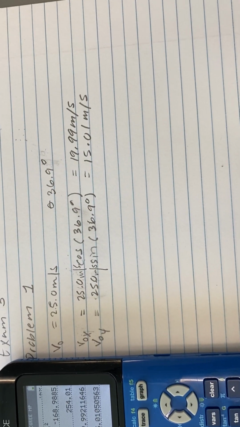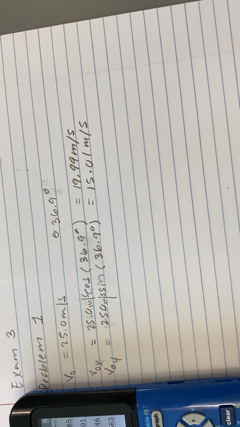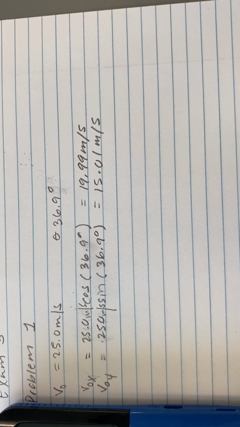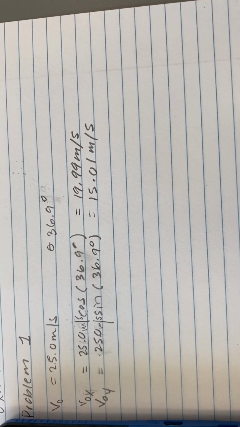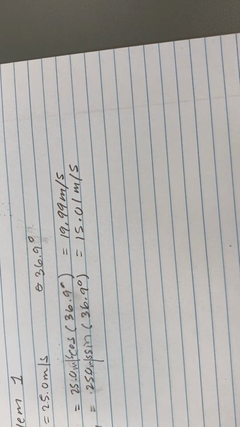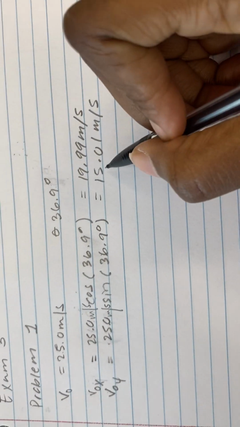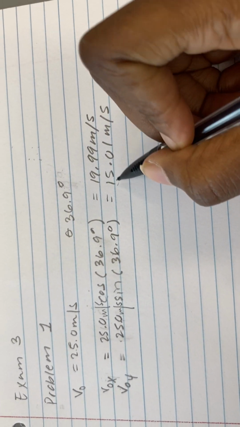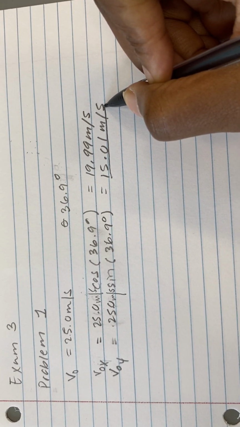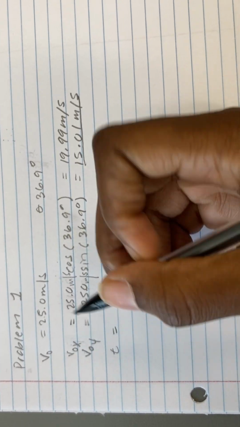So after we find the initial velocity, we know that at the highest point the vertical velocity is equal to 0. So at this time, we only have a y velocity.